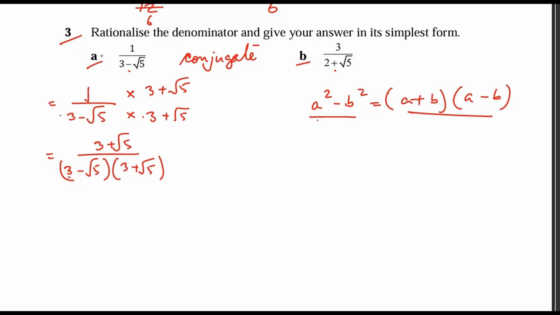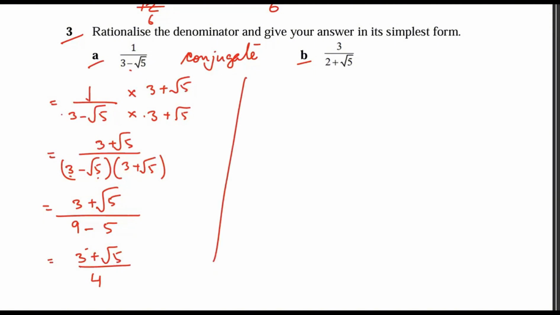So if 3 is a and root 5 is b, let me first write the numerator, 3 plus root 5 over a square, which is 3 square is 9, and minus b square, which is root 5 times root 5 is root 25, and root 25 is 5. And then that will give us 3 plus root 5 all over 4. And that is our answer for A.